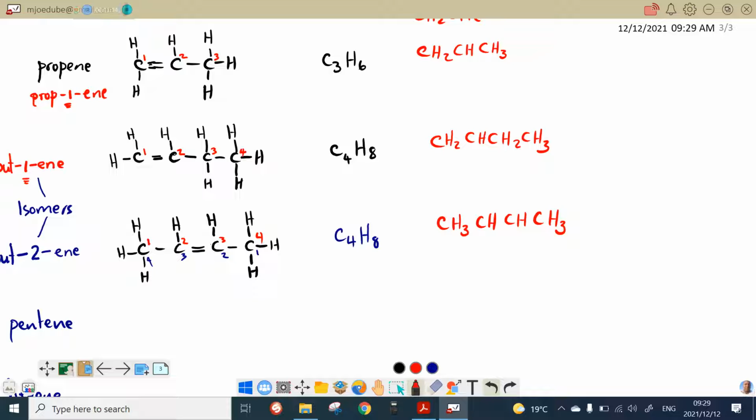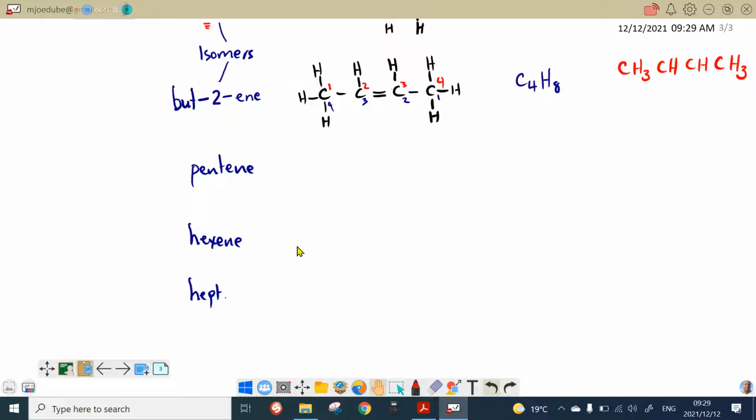And for your pentene, the possible structures that you'll get is one where you'll have your carbon, double bond, carbon, then count the number of carbons, 1, 2, 3, 4, and then what you will then add are your hydrogens.